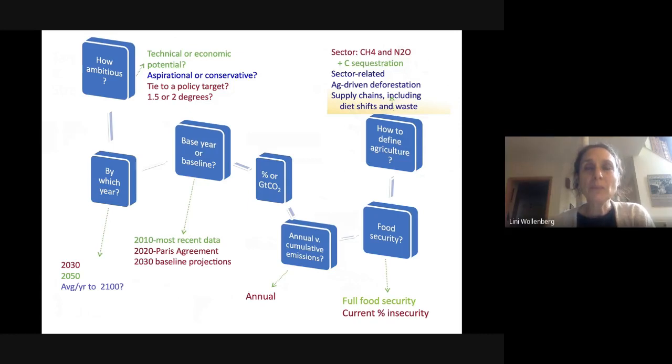But overall, we have to decide, are we talking about landscapes that include deforestation? Are we talking about supply chains? Are we talking about food loss and waste? Are we talking about consumption? There are many aspects of agriculture that one could use to define the target. And in this case, we're just looking at the IPCC more inventory-oriented sector definition. So just the non-CO2 gases.